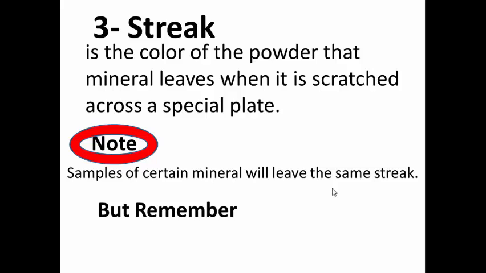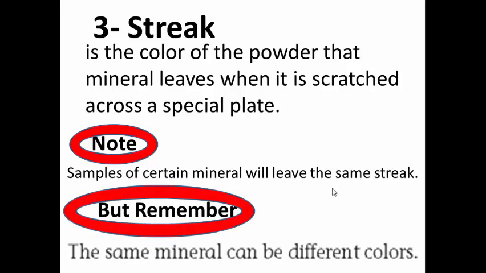But remember, if you have the same mineral like quartz that we studied last session, it can be found in nature in different colors, like we mentioned before. Now, let's see, if I have a piece of gold, a rock made of gold, you can make a streak with this gold and it gives you a powder of the same golden color.